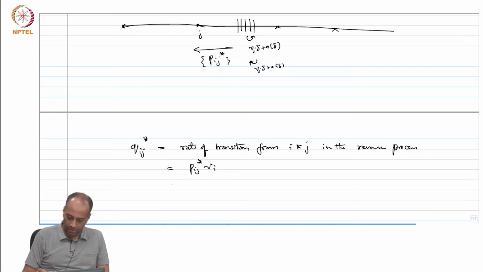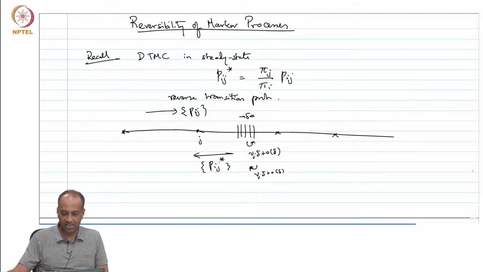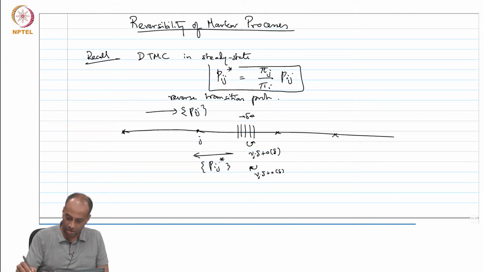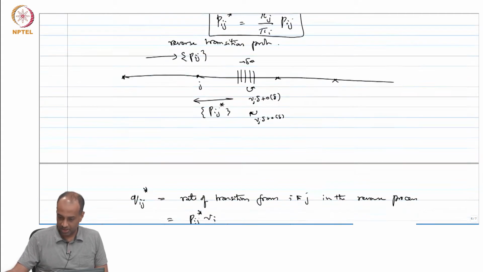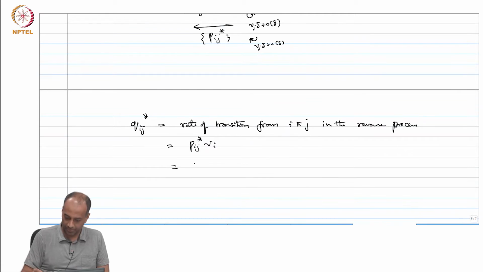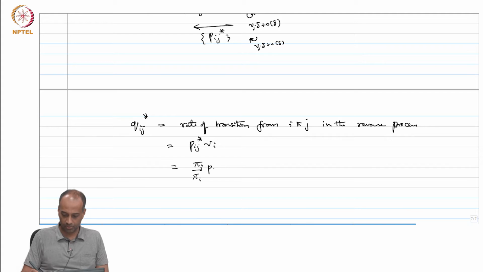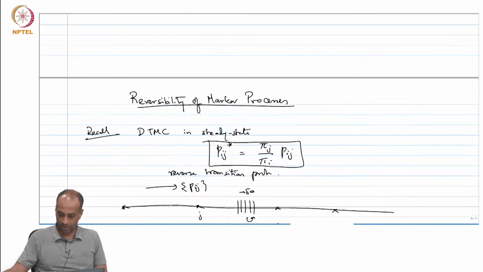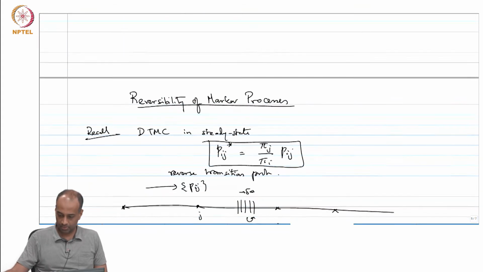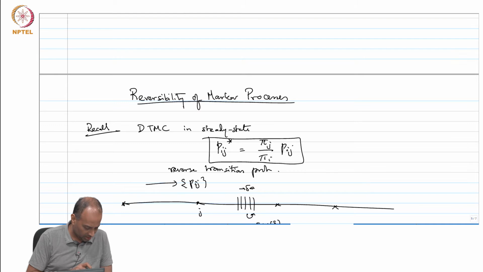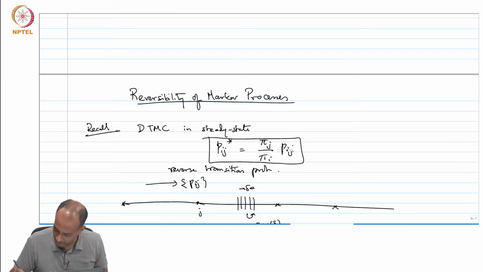If you write this out, p_ij star we know to be equal to that, from the earlier discussion. If you put that expression into this, you get pi j over pi i times, I think I made a mistake, this should be p_ji, I apologize.